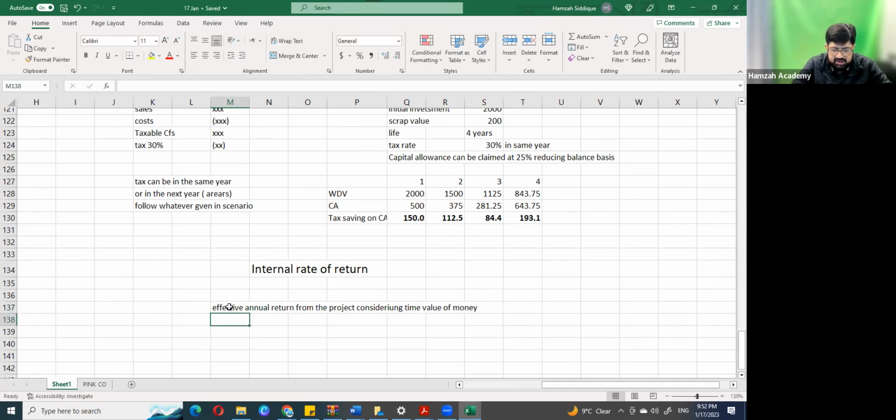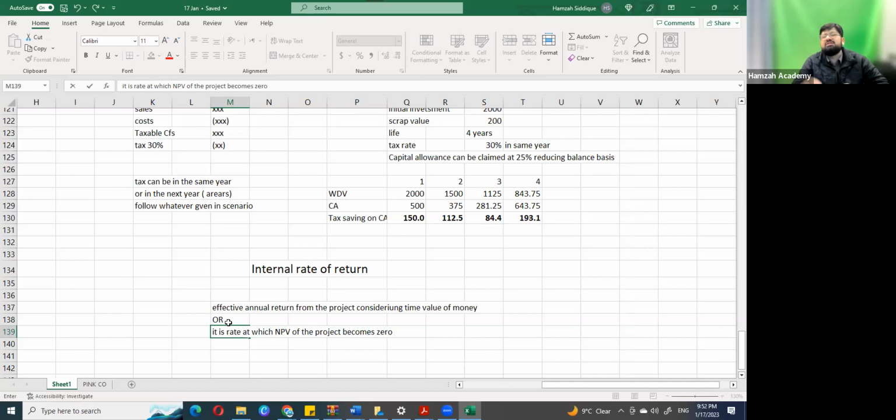You may have studied the IRR definition. There is another definition: it is the rate at which NPV of the project becomes zero. This is the normally studied definition, the second one.